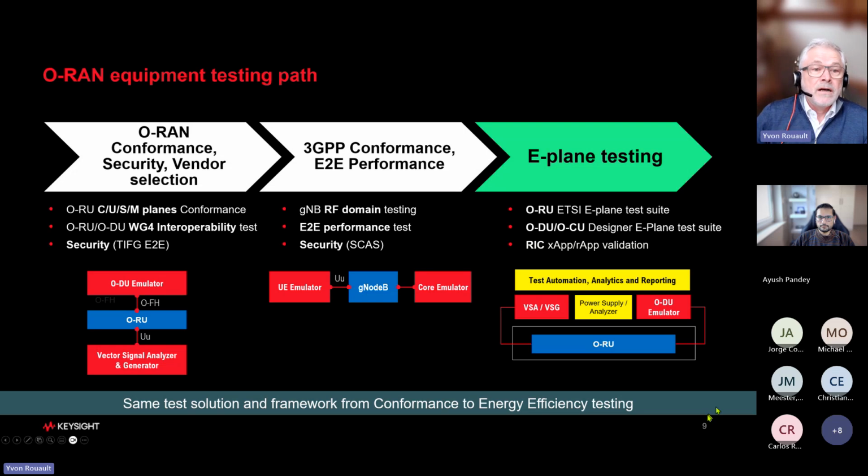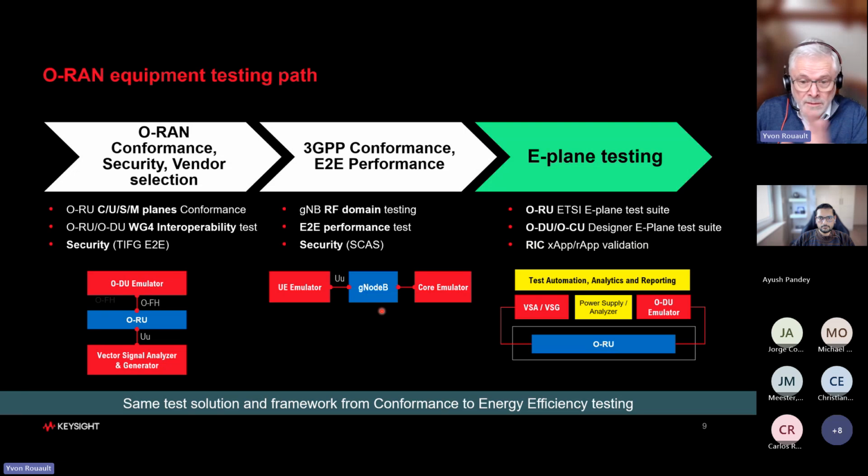In particular, the conformance or vendor selection, basically testing the different components. I will activate my laser here, like testing an RU here, but it could be the same for testing a DU, a CU, or a RIC. It can be done in isolation. So that could be for conformance, performance, security purposes.